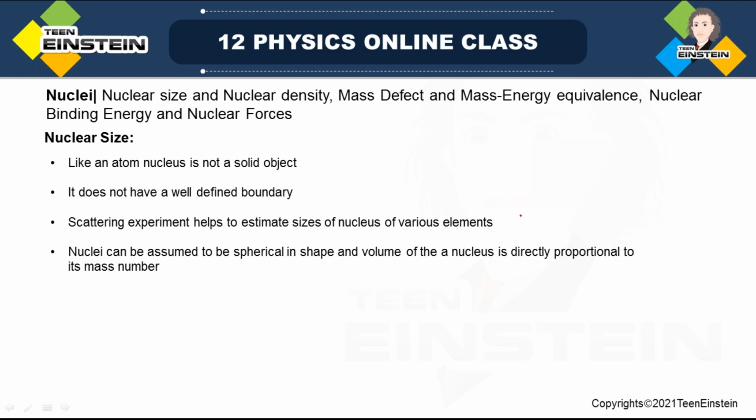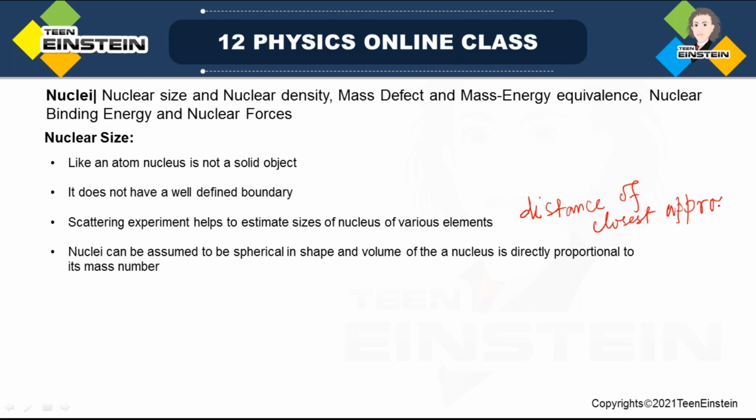From scattering experiment we know the distance of closest approach, which we have discussed in the atom chapter. The distance of closest approach is the estimated size of the nucleus.